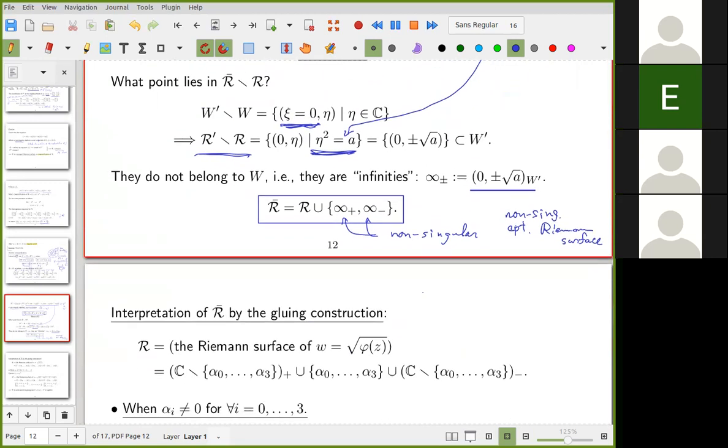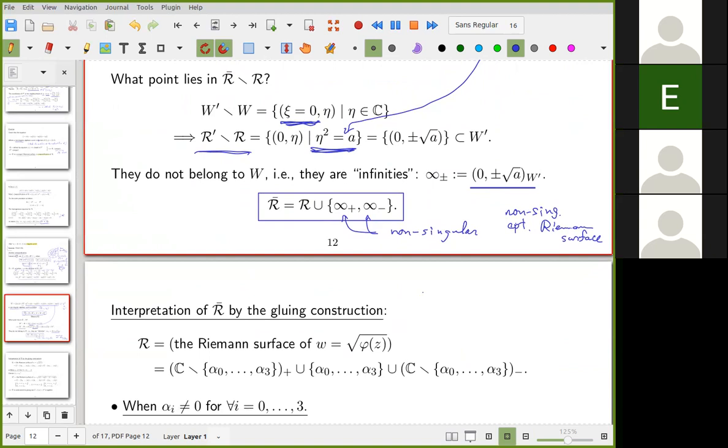Then, what is the shape of this Riemann surface?